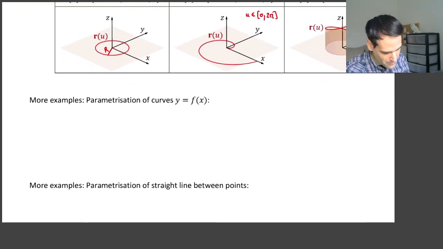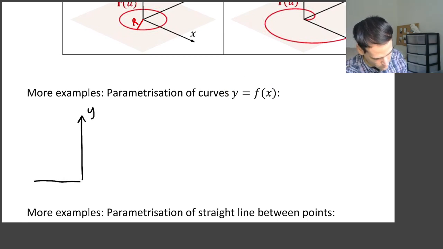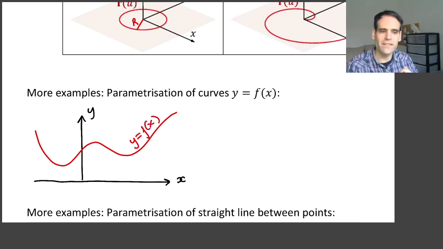What if you want to parameterize a curve which you have written as y equals a function of x? So this means that you have your axes y and x, and let's say you have some function y equals f of x. How do you parameterize this curve?